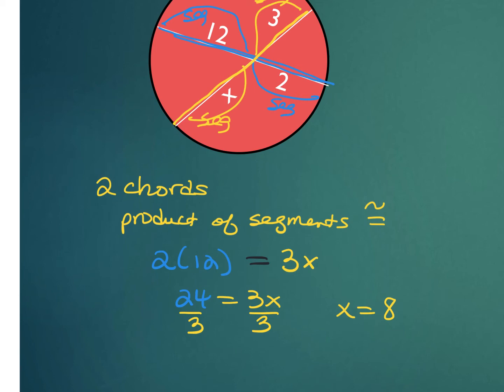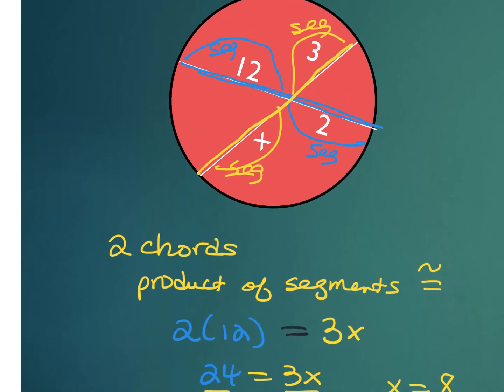Let's say it said to go back and find the lengths of the segments. So let's say I add in some variables here. Let's say this is AB, and this is CD. If they say find the length of AB, all you have to do is 12 plus 2, and the length of AB is 14.